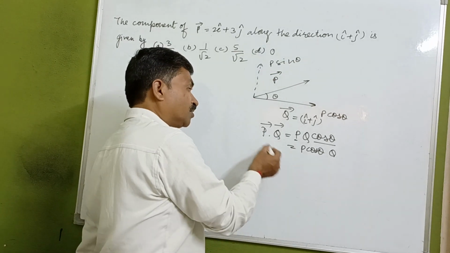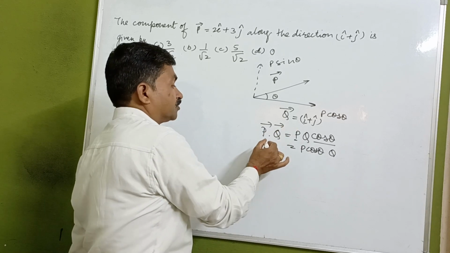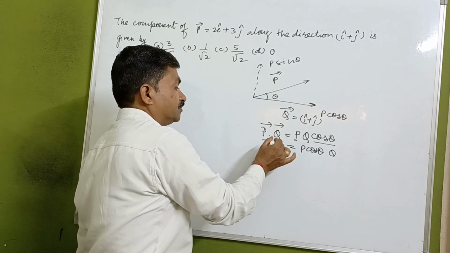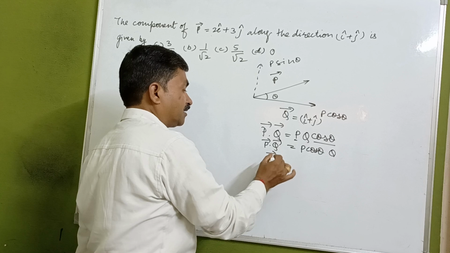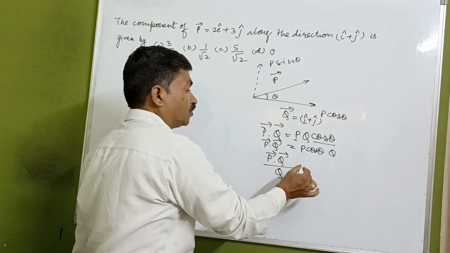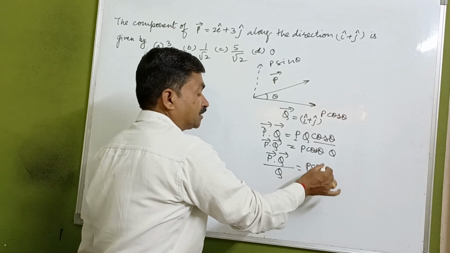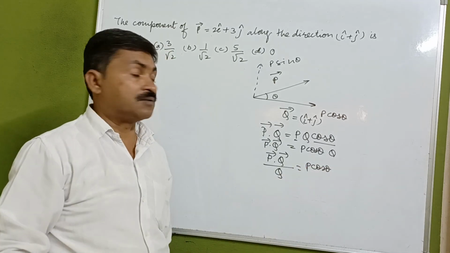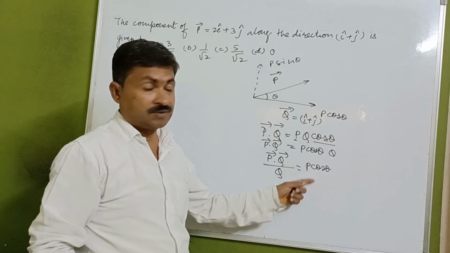So P dot Q divided by Q is equal to P cos theta. This is the component which we want to know.